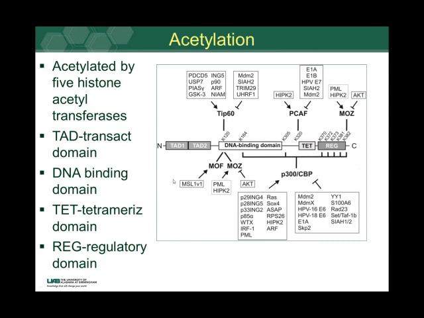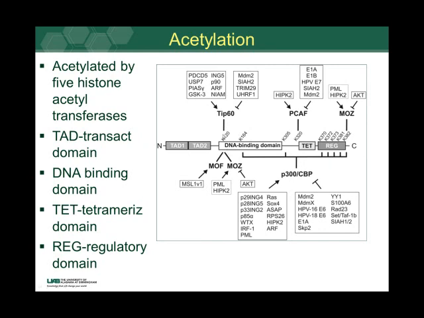Let's begin by looking at acetylation. Acetylation is done by 5 different acetyltransferases, and they're called TIP60, PCAF, MOZ, MOF, and P300 and CBP. These are the histone acetyltransferases that play the role of transferring acetyl groups to lysine residues on P53.